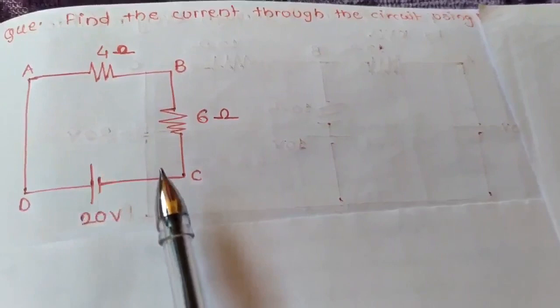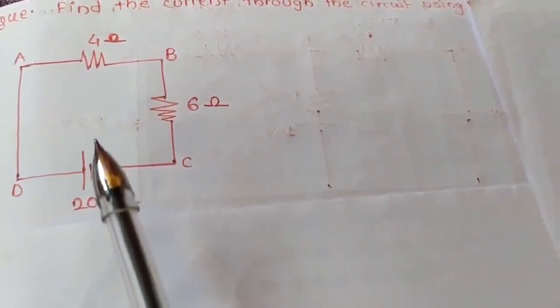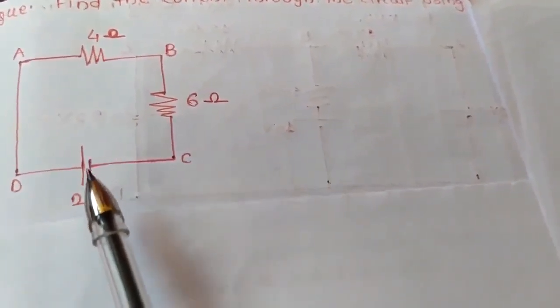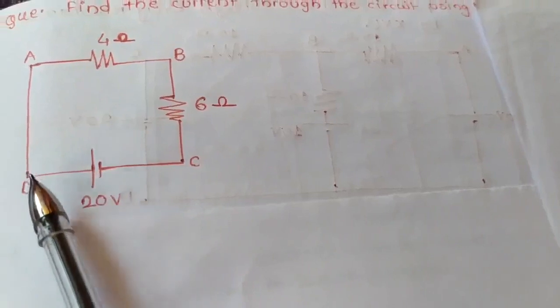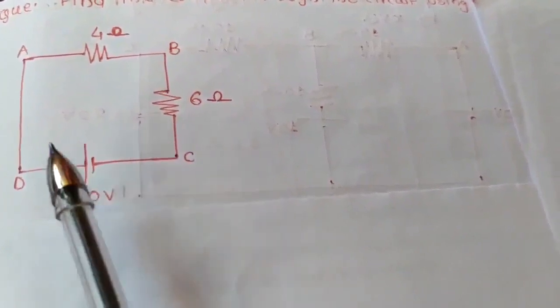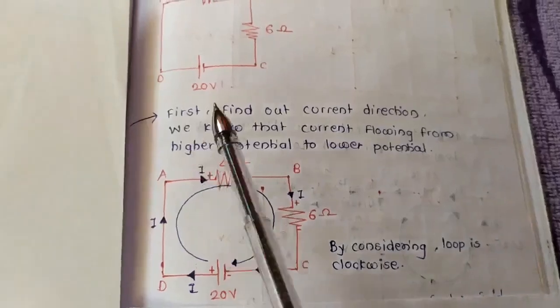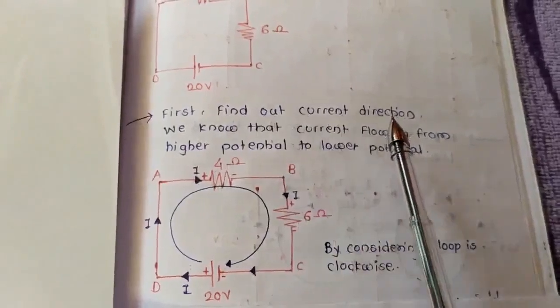First we take a very simple circuit. What do we have to do? First we have to find the current direction and loop direction, or we have to assume them. But we know that current is flowing from higher potential to lower potential, so the current direction is fixed and the loop direction we have to assume. First, find the current direction.